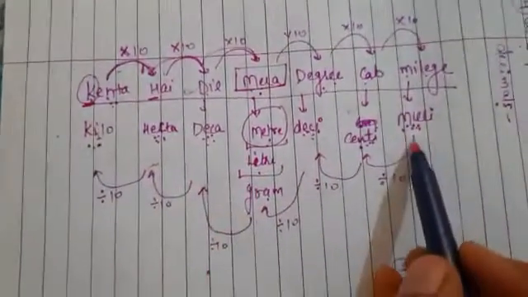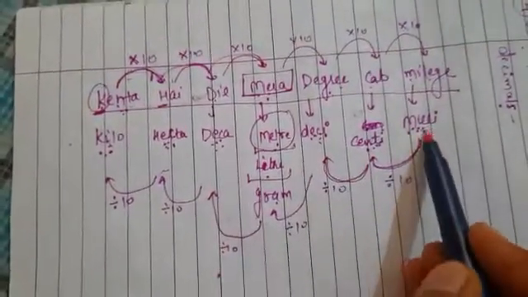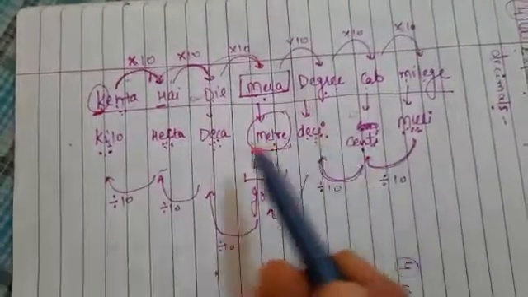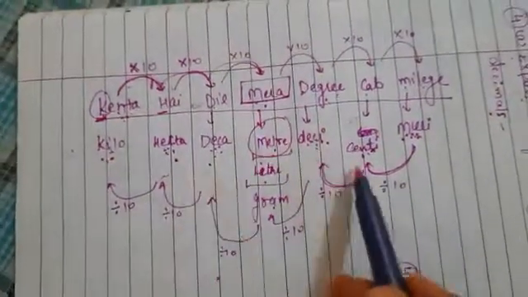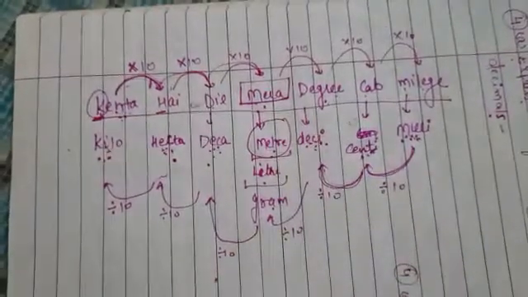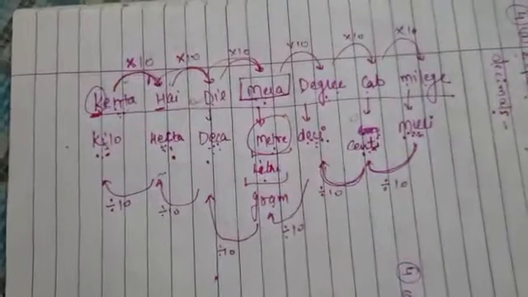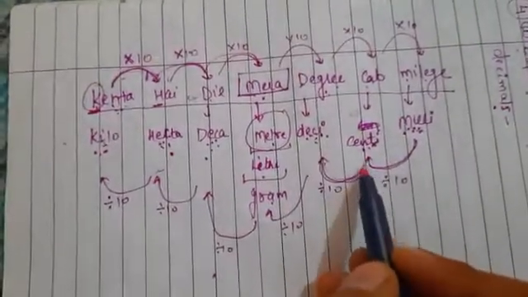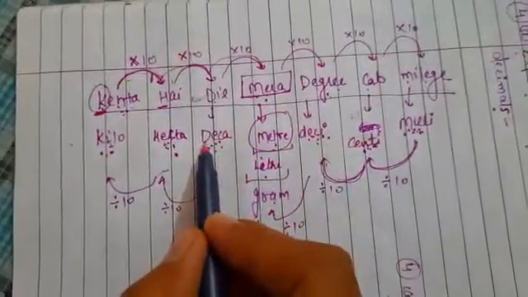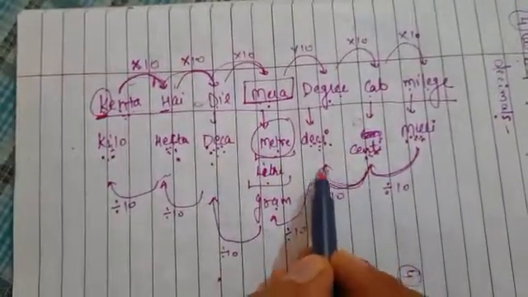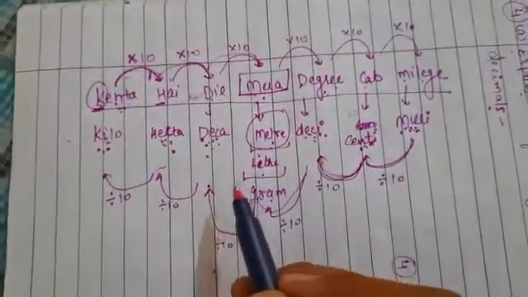Now if you have to move to the left side, like millimeter to meter, decimeter to decameter, centimeter to hectometer, then you divide. However many steps you move, you divide by 10, 100, 1000. If you convert centimeter to decameter, you move 1 2 3 steps, then you divide by 1000.